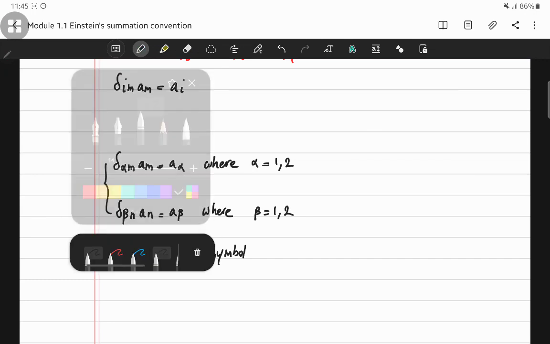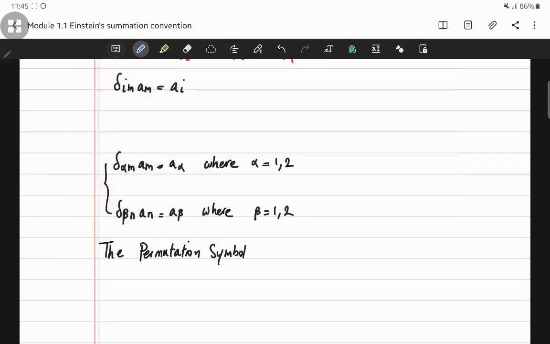So in two-dimensional problems, we have this kind of convention here.